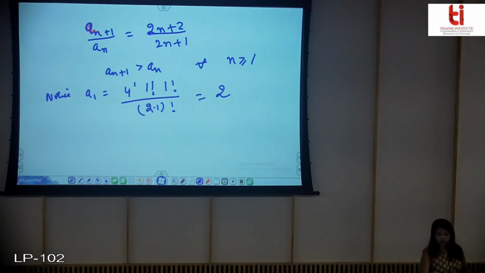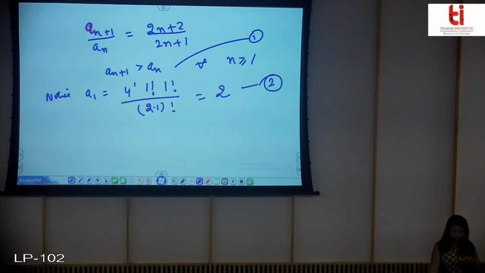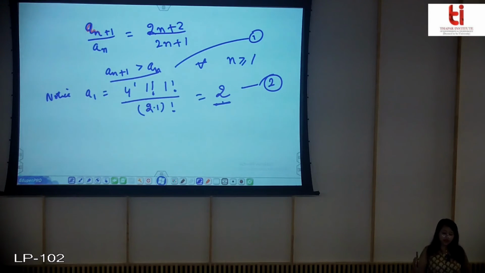Now you can see that this is my equation 1, and this is my equation number 2. Now from equations 1 and 2, what can you guess? That this is increasing and the first term starts from 2, and a_1, a_2, a_3 are in an increasing pattern.